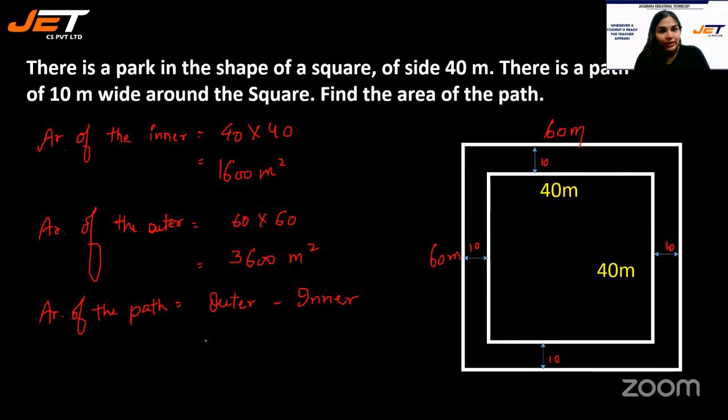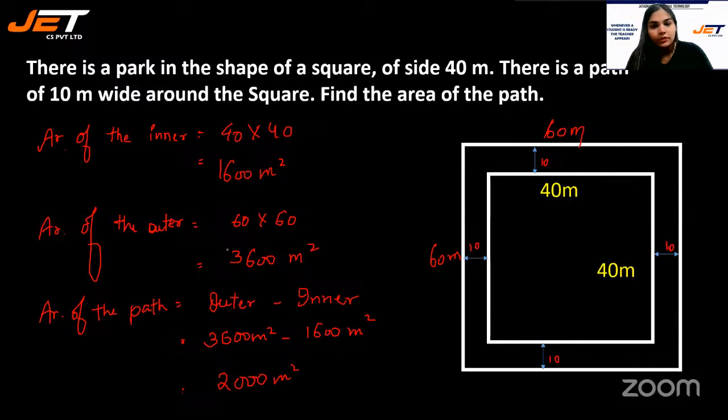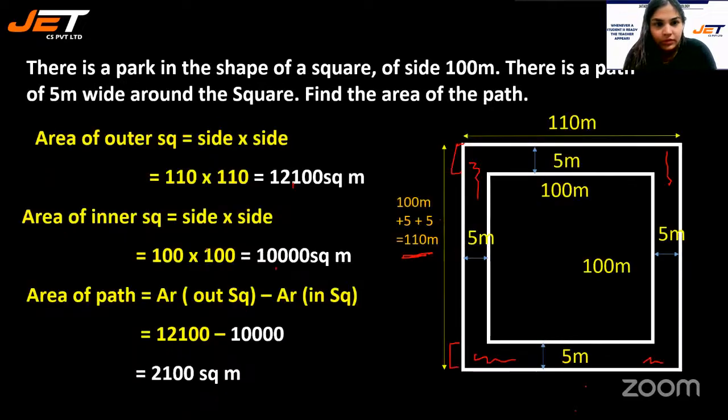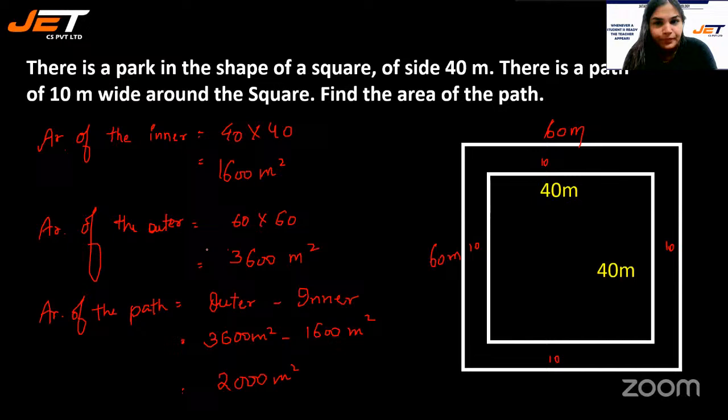Outer is 3600 square meters minus inner area 1600 square meters, which is equal to 2000 square meters.